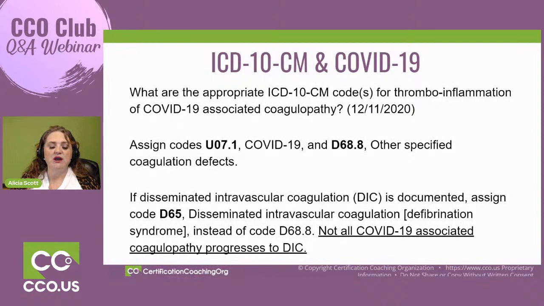Moving on. What if it is an inflammation of the veins? If you've got a thromboinflammation, or what they call associated coagulopathy, if they have current COVID, then you're going to use your U07.1 and then the D68.8, which is, hey, they've got a problem with the coagulation defect.